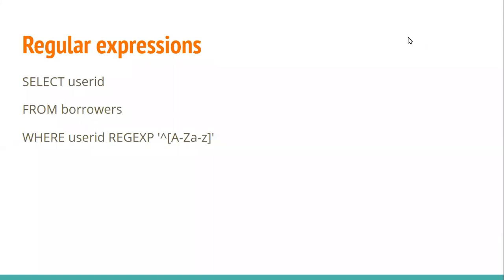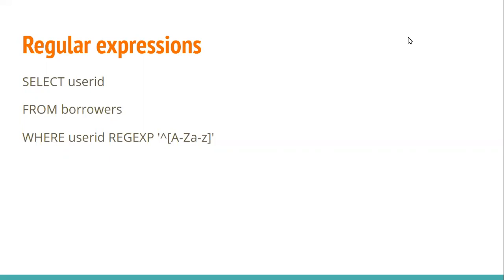There's one more thing that's very helpful, which is regular expressions. This is something that is sort of a whole other thing that you have to learn, but it can be very useful. Right here, we are trying to select the user ID from the borrowers table, where the user ID starts with a letter.